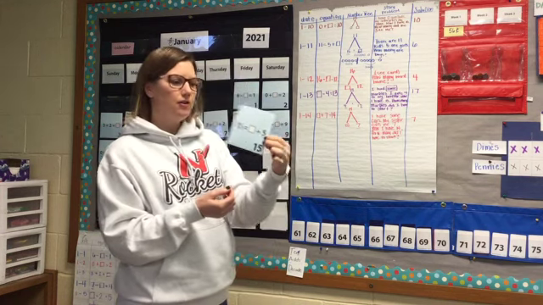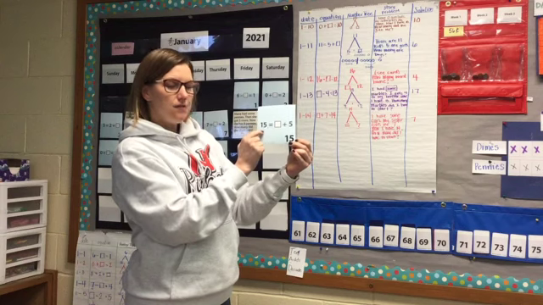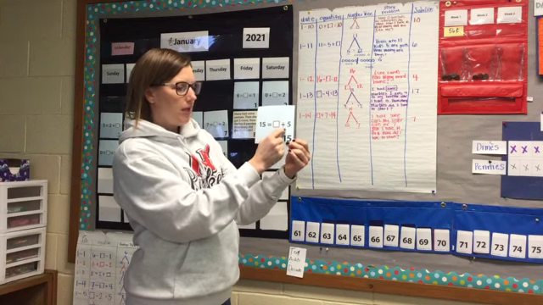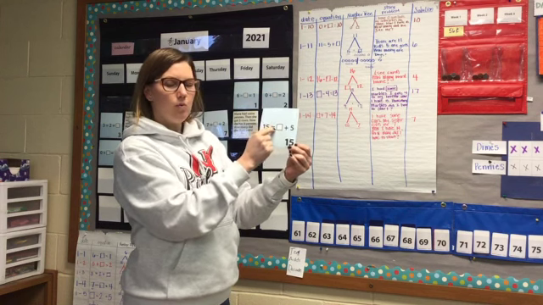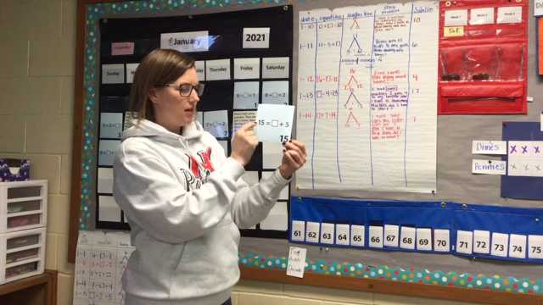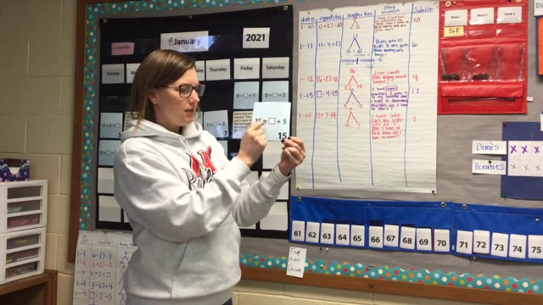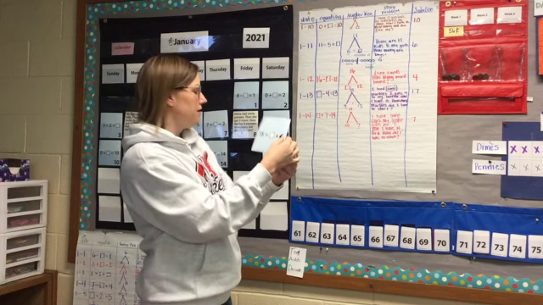Here's today's calendar card. It's an equation. It says 15 equals something plus 5. We have to figure out what the missing partner is. 15 is the total. 15 equals something plus 5.